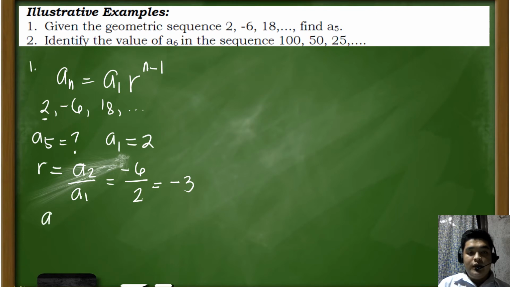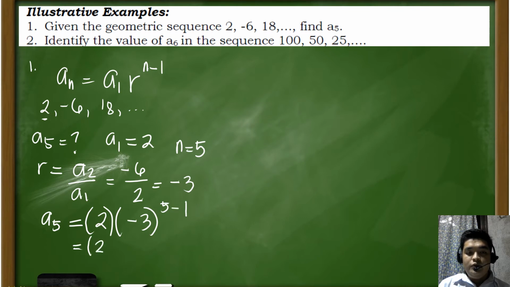A sub 1 is 2, times r, negative 3, raised to n minus 1. Our n is 5, since we need to find a sub 5. So 2 times negative 3 raised to 5 minus 1, which is 4.